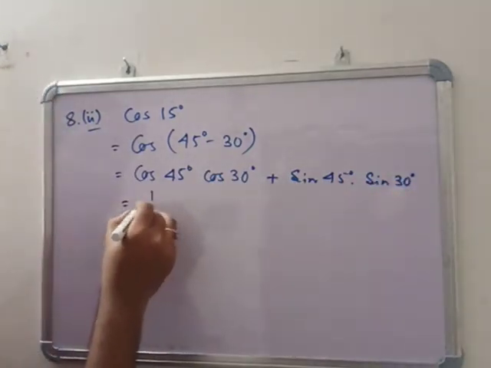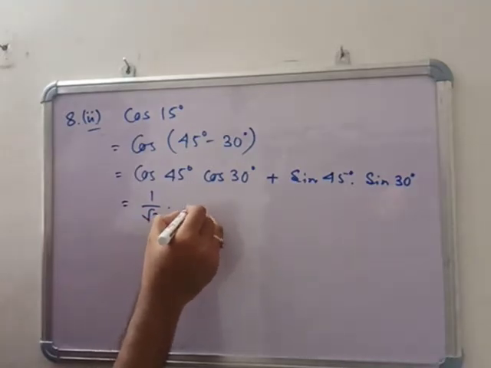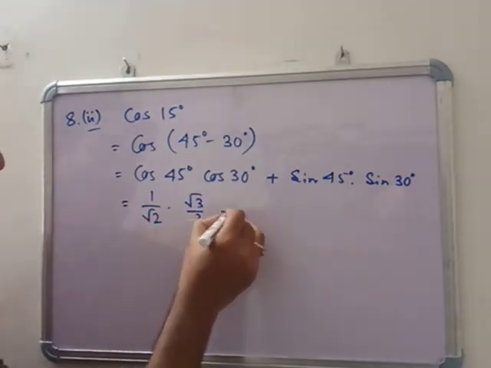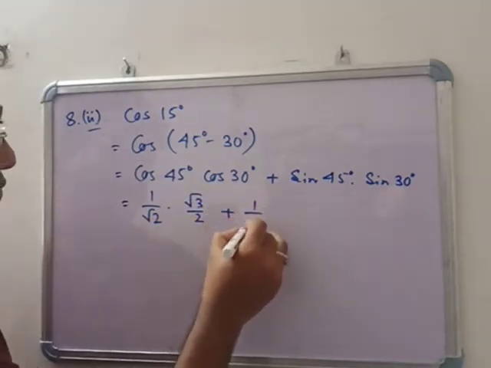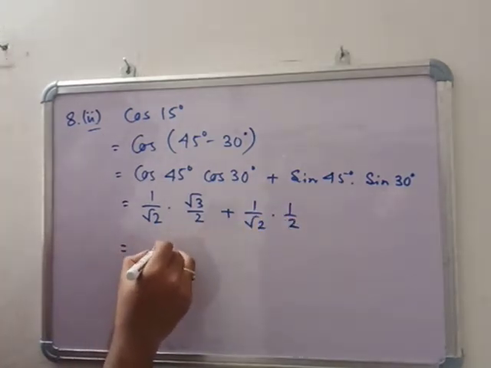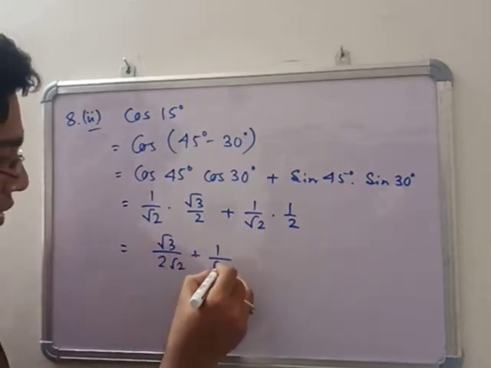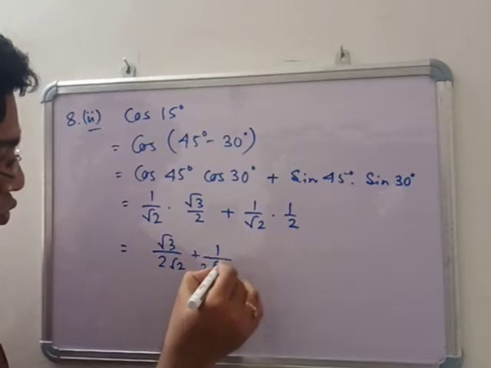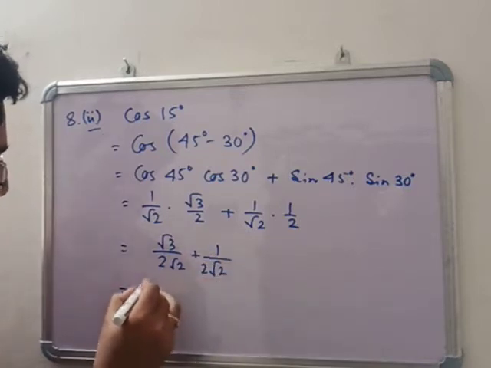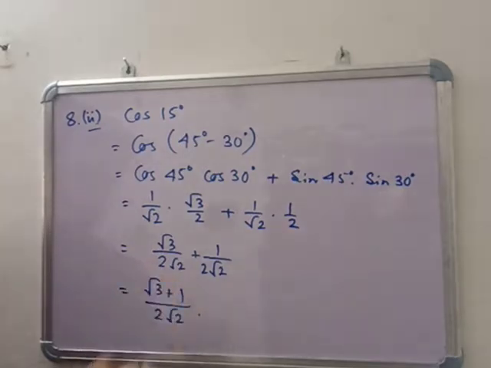Cos 45 is 1 by root 2, cos 30 is root 3 by 2, plus sin 45 and sin 30. If we calculate, we get root 3 by 2 root 2 plus 1 by 2 root 2, that means root 3 plus 1 by 2 root 2. This is the answer for cos 15.